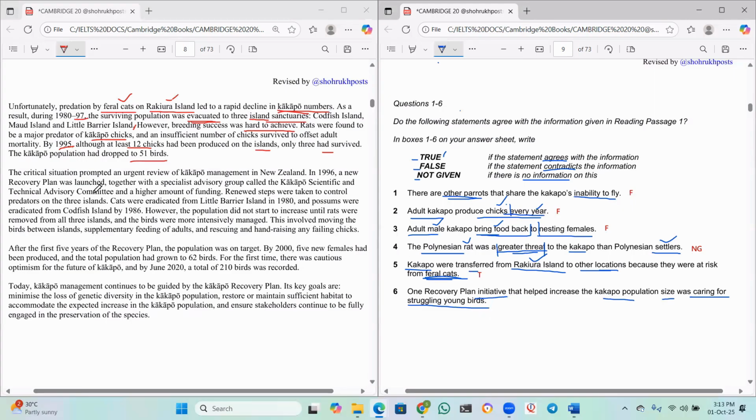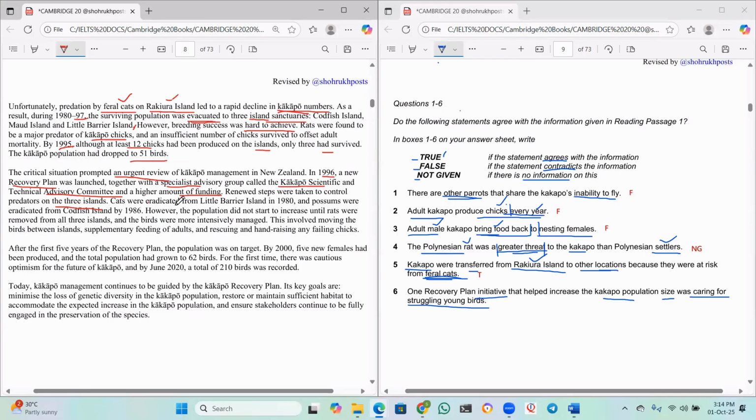The critical situation prompted an urgent review of Kakapo management in New Zealand. In 1996, a new recovery plan was launched together with a specialist advisory group called Kakapo Scientific and Technical Advisory Committee and a higher amount of funding. Okay. Now, renewed steps were taken to control predators on the three islands.